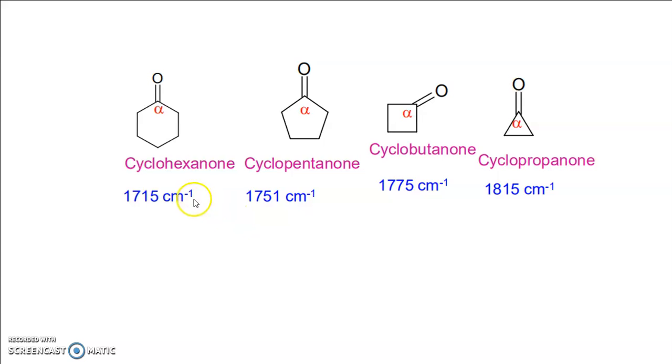In the case of the cyclohexanone to cyclopropanone system also, the bond angle influences the absorption frequency of the carbonyl group. In non-cyclic ketones and in cyclohexanone, the bond angle alpha equals 120 degrees.